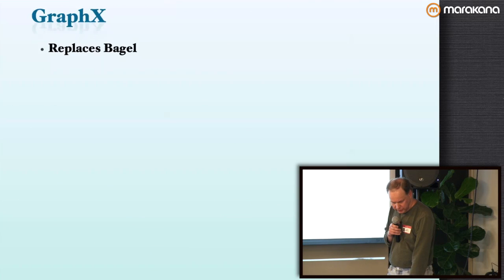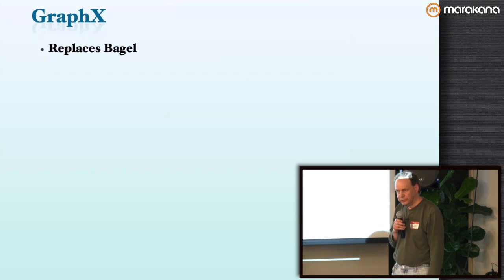So GraphX replaces the earlier Bagel library, which still actually is in the Spark code. Bagel is an implementation of Pregel, but using Spark instead of Hadoop.